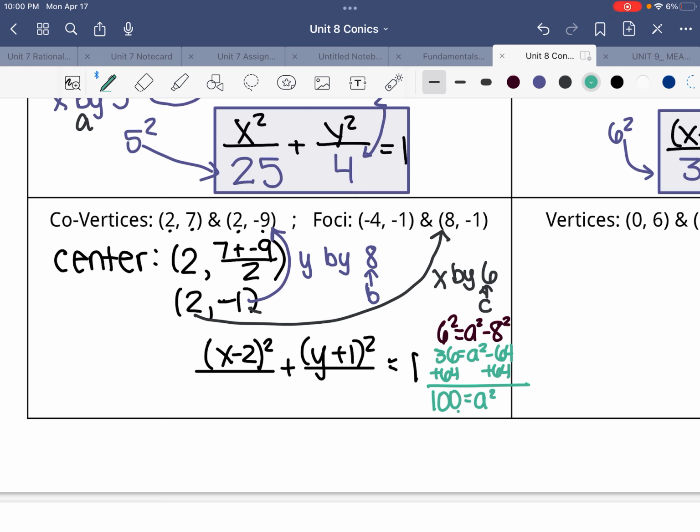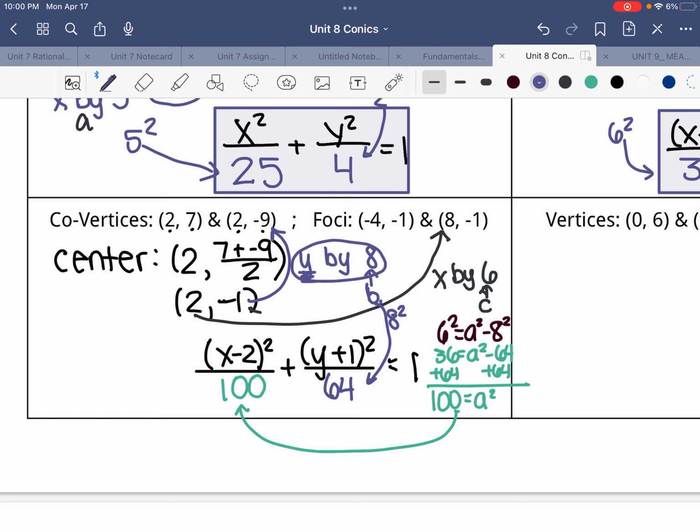That was what goes underneath the x part, because b is already 8, but we said that that was y. So that 64, or 8 squared, has to go underneath y.